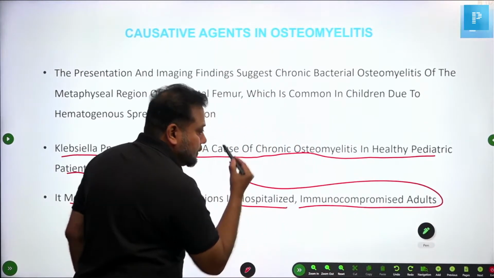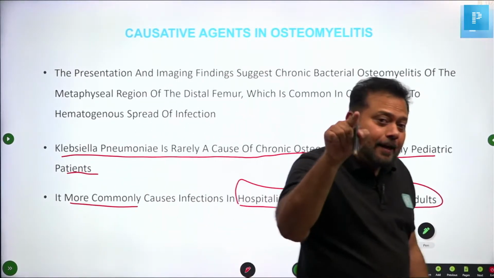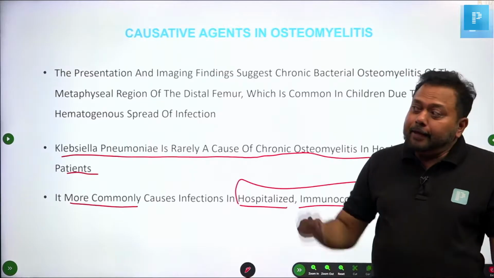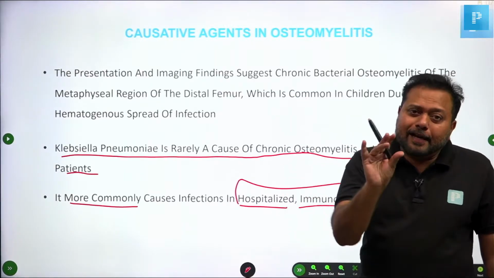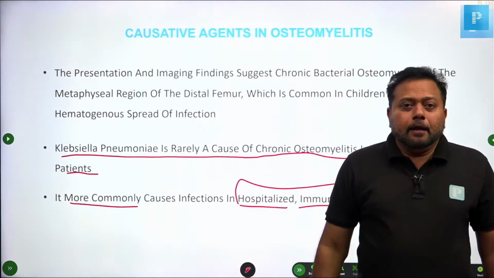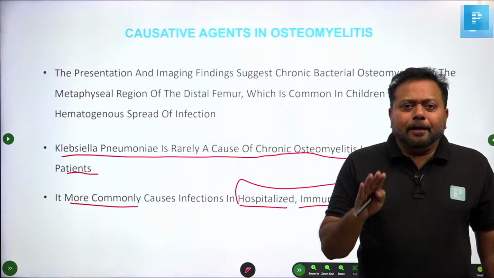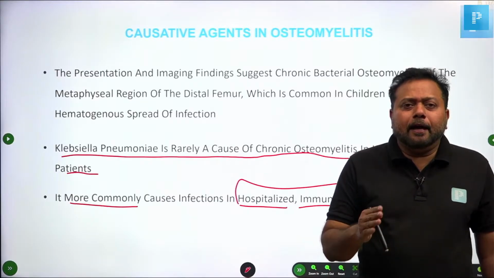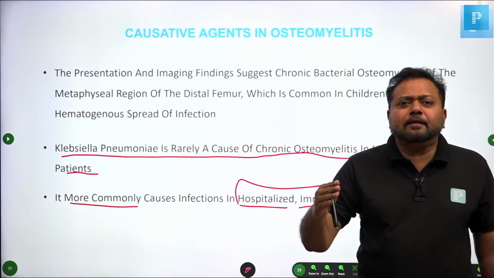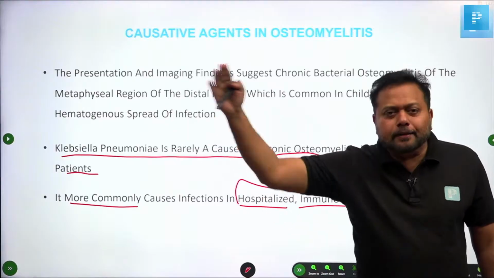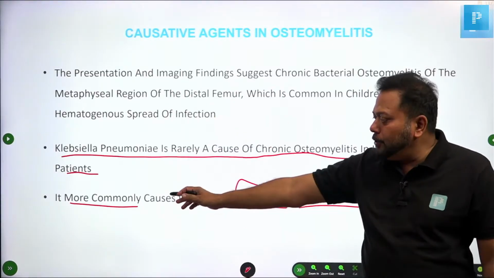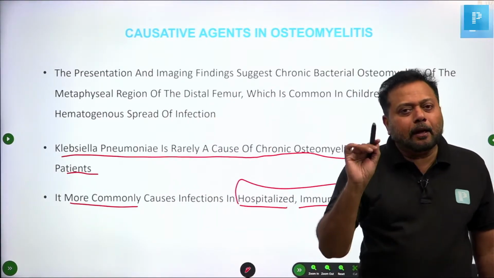Next time they will give the same choices and slightly change the question: a common organism implicated in osteomyelitis in a long-term hospitalized immunocompromised adult. Then you should vote for Klebsiella pneumoniae.